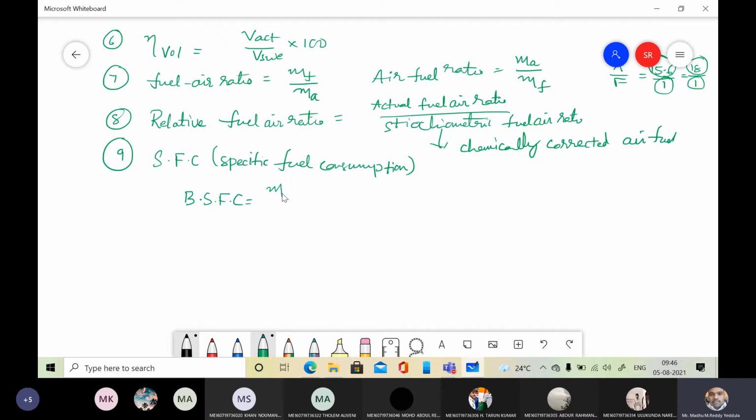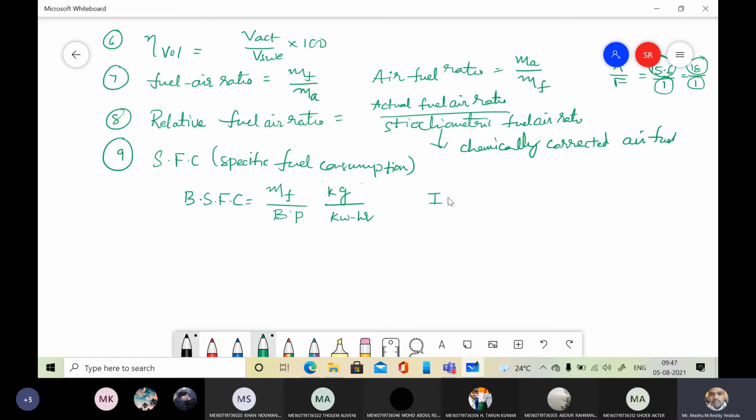It is defined as the ratio of mass of fuel to the brake power developed. Mass of fuel is in kg per second or per hour, and BP is in kilowatt. So kg per kilowatt hour is the unit for the BSFC. It is the mass of fuel needed to develop 1 kilowatt of power.